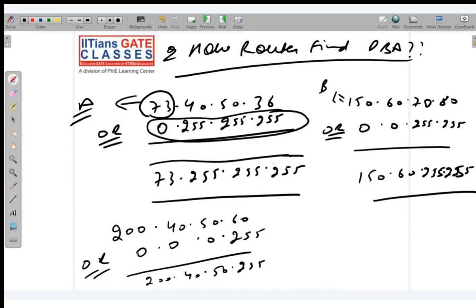Okay, so step number 1 is class. After that, NOT the net mask, and then OR with the given IP address. These are the 3 steps. Yes, sir.